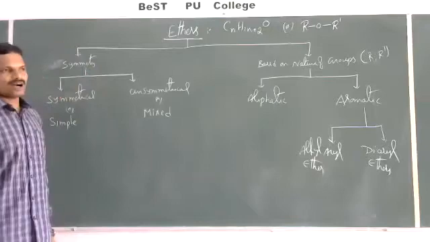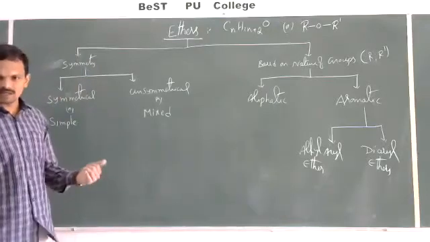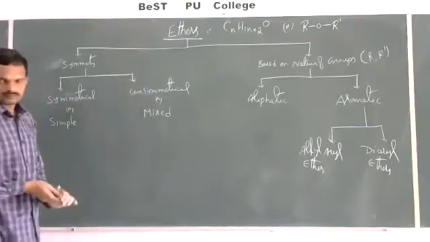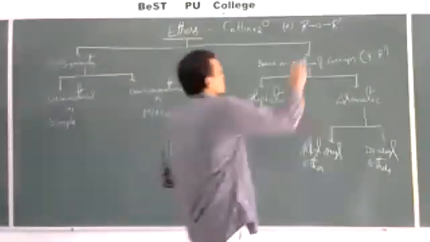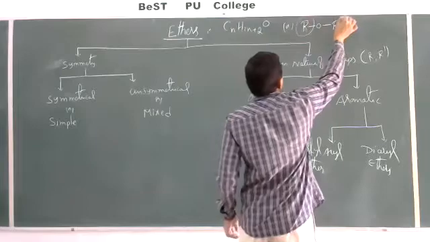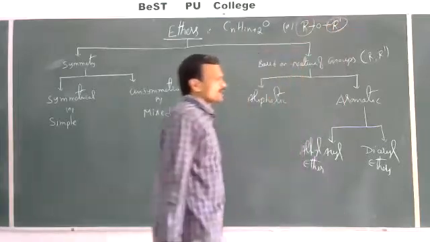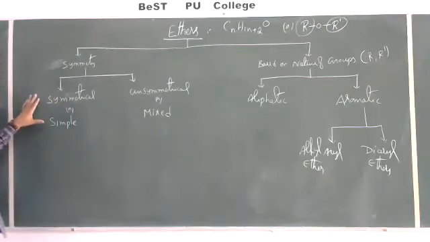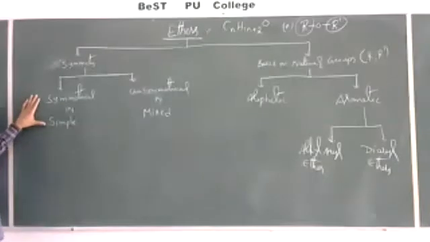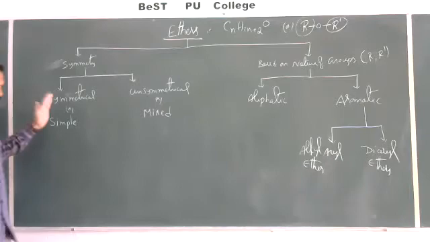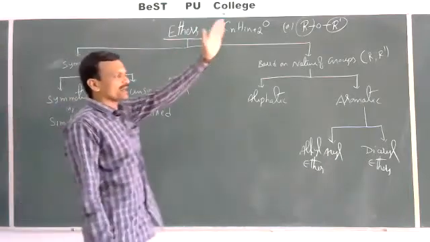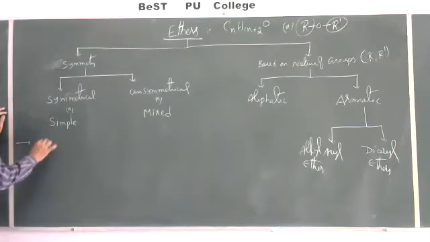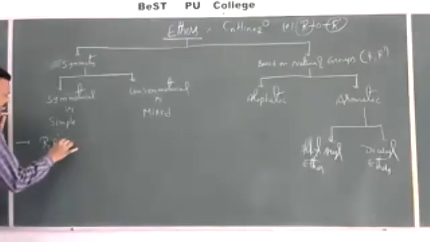That R and R dash may be the same or may be different. Depending on that, these are classified. Suppose the two groups attached to oxygen are the same, whether alkyl groups or aryl groups, they are called symmetrical ethers or simple ethers. So the ethers in which both R and R dash are the same are called symmetrical ethers.